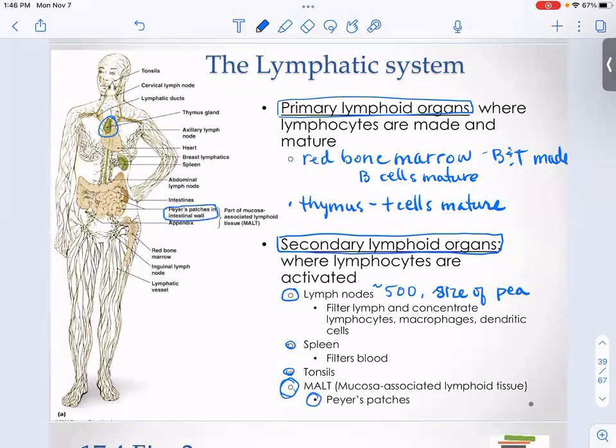We have this mucosal associated lymphoid tissue in our intestine, whose job it is to randomly sample what's passing through the intestine. So the Peyer's patches are really important to notice, we'll say, foodborne illness.